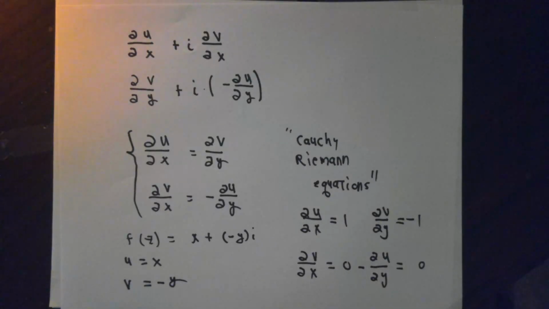The converse is an interesting question. If I have a pair of functions u and v which obey the Cauchy-Riemann equations, does that imply that u plus iv is differentiable? We'll come back to that later on.